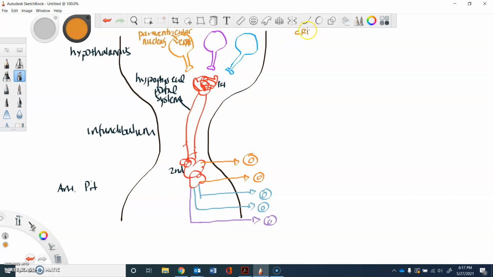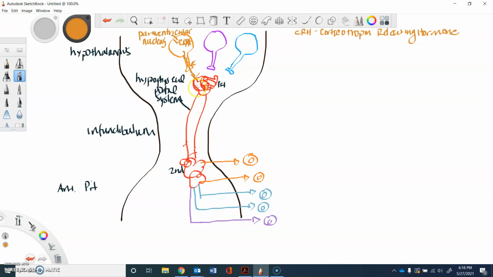So CRH, corticotropin releasing hormone. So that hormone is released from the paraventricular nucleus. So there are neurons in there that secrete their stuff out of their axon terminals into the first capillary bed, which is, of course, located in the hypothalamus.